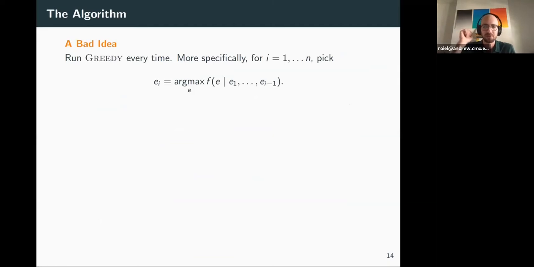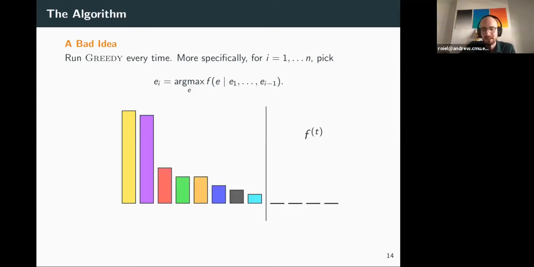So here's what the greedy algorithm does. For n rounds, where n is the size of the ground set that I'm considering, I condition on the elements I've taken so far, E1 to E(i-1), and then just pick the element that gets me the largest marginal coverage. I add this element to my solution and I repeat. So the greedy algorithm might look like this. At time t, I have some function that I'm trying to maximize, f_t, and this is the stack trace of my greedy algorithm.